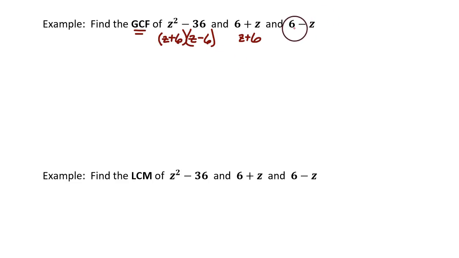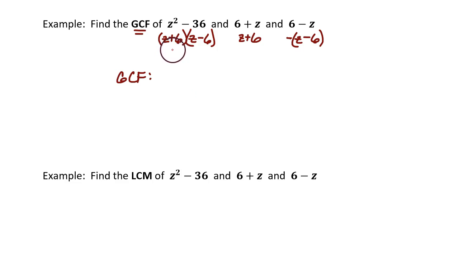Our last polynomial is 6 minus z. 6 minus z is equivalent to the opposite of z minus 6. The reason that I rewrote it was to recognize that z minus 6 is common with a factor in the first polynomial. Now let's get the GCF.